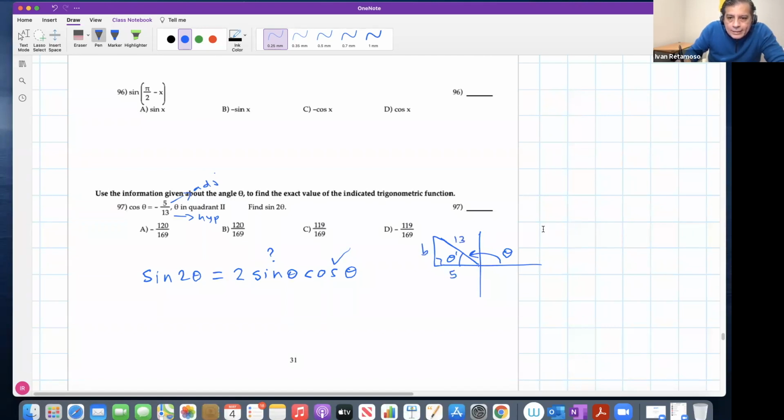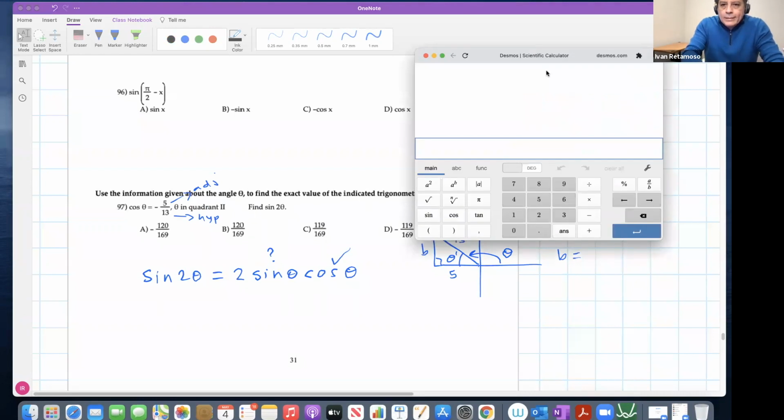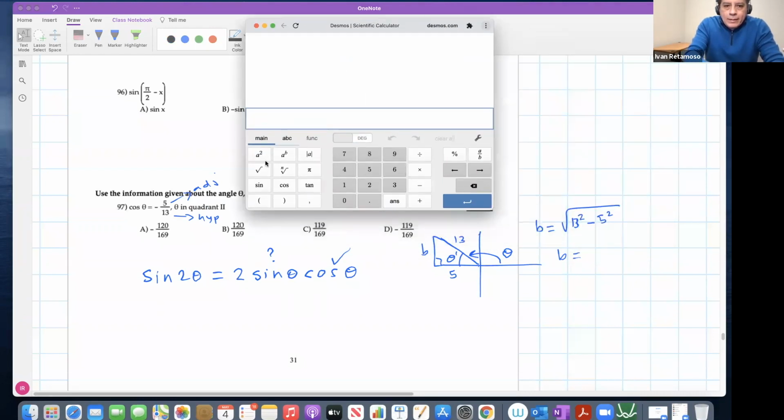Find this guy. This guy B is going to be equal to the square root of 13 squared minus 5 squared. But what is this? If you put it in your calculator, what is the square root of 13 squared minus 5 squared? You're going to see that that's going to come down to 12.